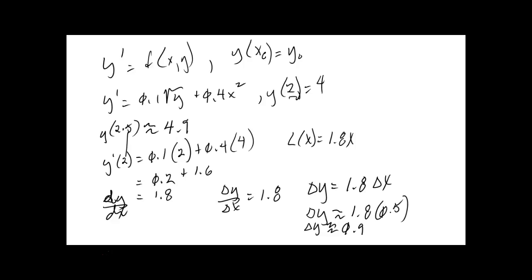I've yet to figure out where they came up with the 0.4. Like you say, it's in this original equation, but that's a y prime. It's not y. So that's what it seems like they may have been using.